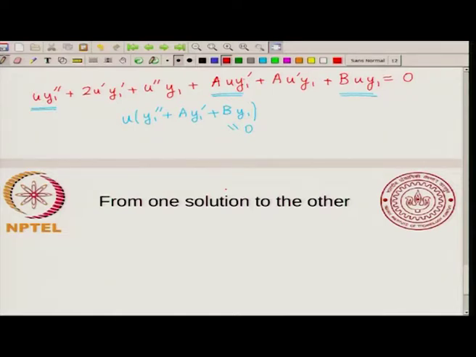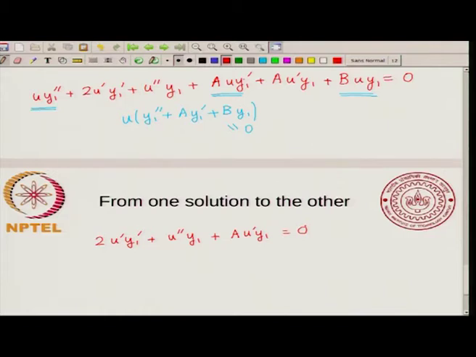So what are the 3 remaining terms? You have 2 u prime y1 prime plus u double prime y1 plus a u prime y1 equal to 0.